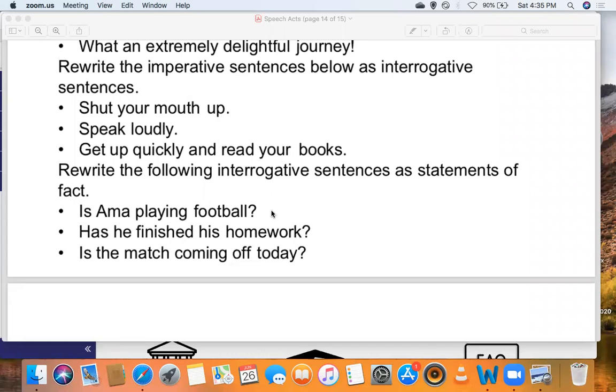So if you are to say which one it is, you have to decide whether the structure is more important or the function of the sentence is more important. So if I'm to ask you which one is more important, is it the structure of the sentence or is it the function of the sentence?